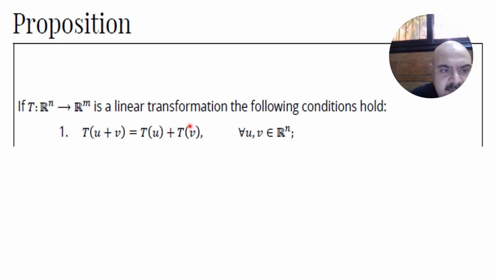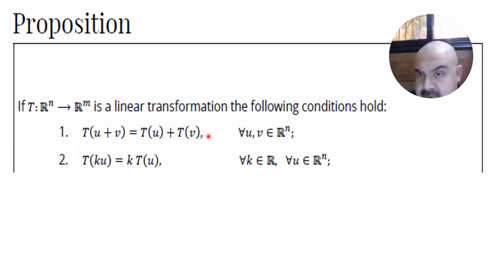So mainly, once you get the summation of the two vectors first, then you do the transformation, it's going to be exactly the same as transforming the first vector, then transforming the second vector, and adding them together. That's one of the conditions of the linear transform.